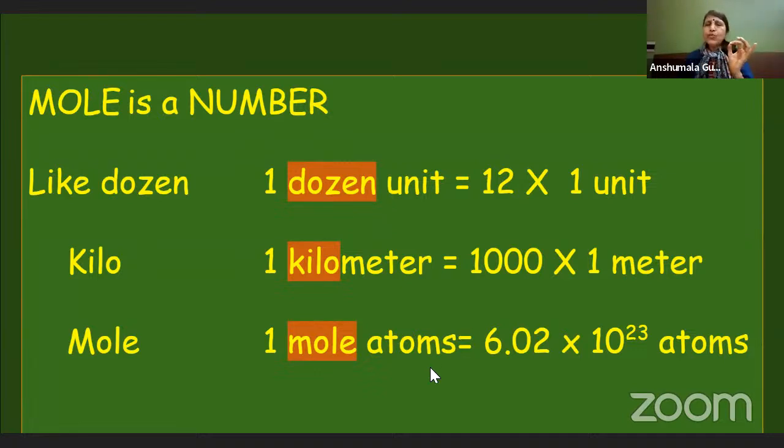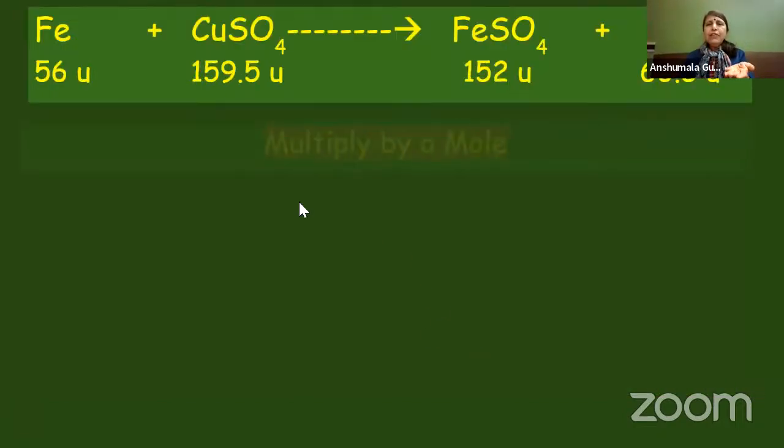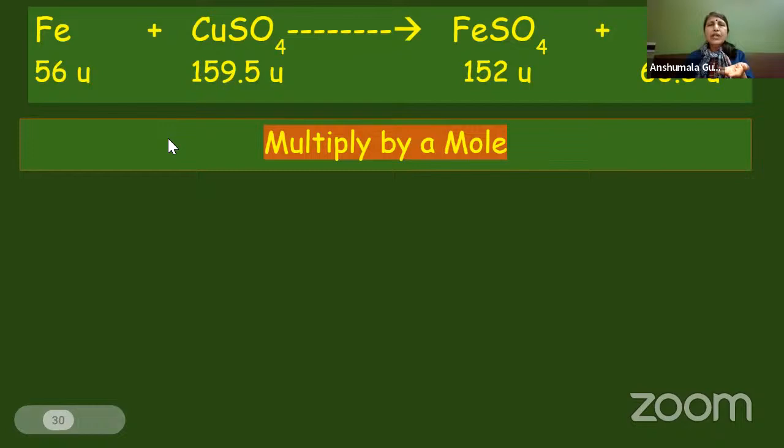And it's very useful because it helps change atomic mass unit into grams. So this is what this slide is saying. Dozen is this, kilo is this, mole is this. Therefore, if you have this equation where everything is written in atomic mass unit, and you know the weights of individual atoms and molecules, you multiply the whole equation by mole, by this unit magnifying number.